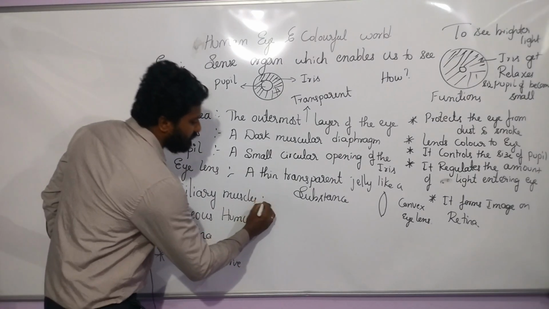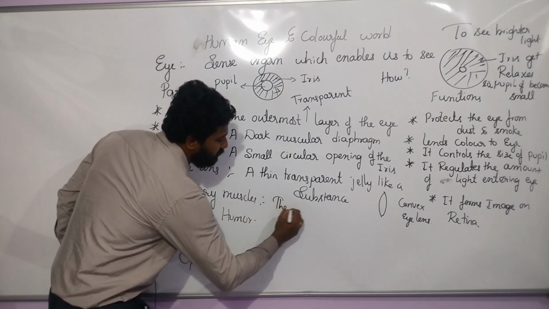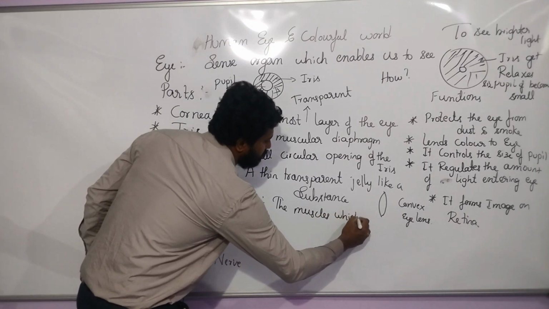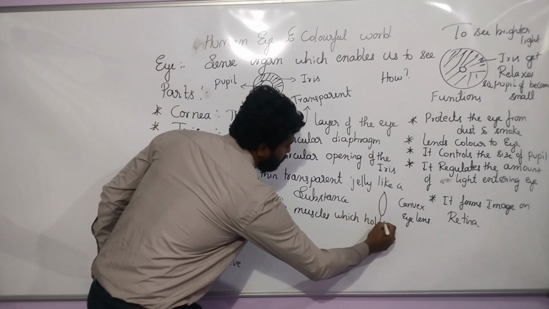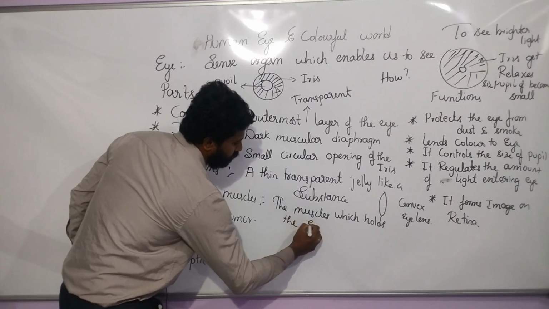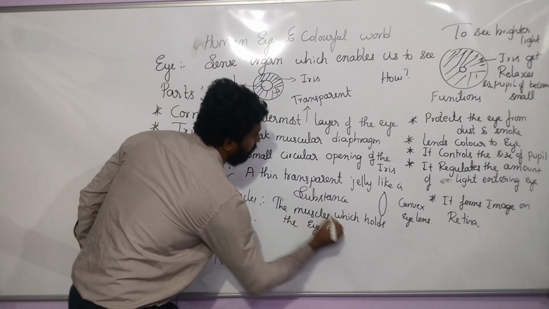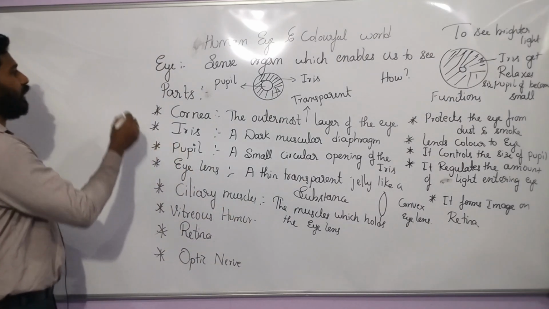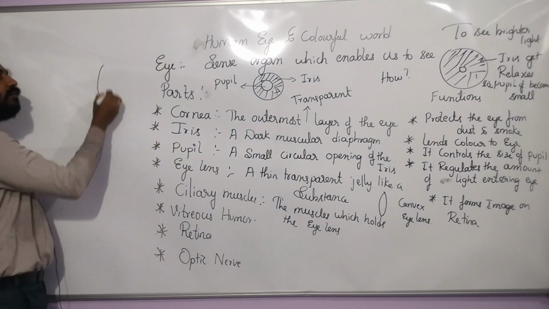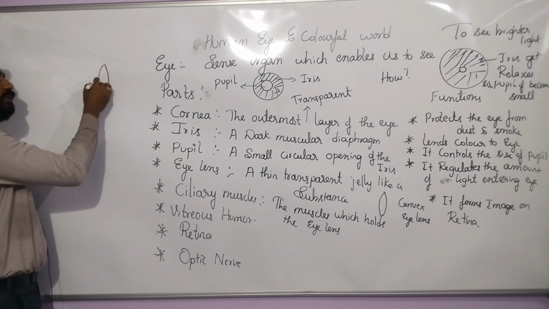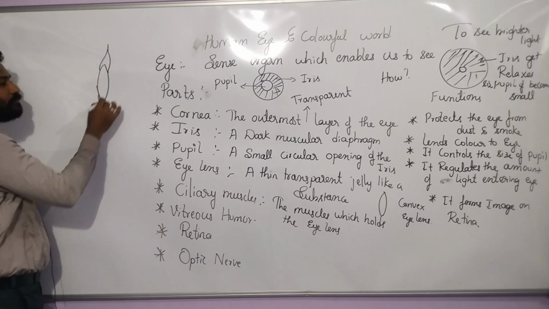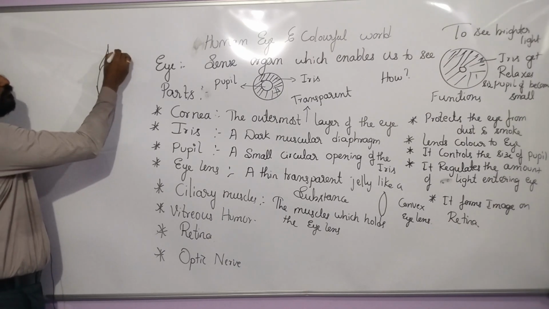Next, ciliary muscles. The muscles which hold the eye lens. You have a thin transparent jelly-like eye lens, and it is held by some kind of muscles.